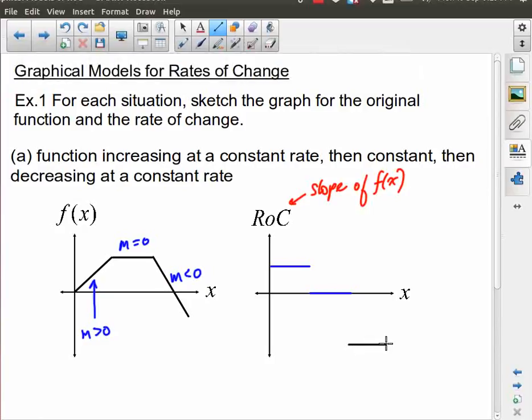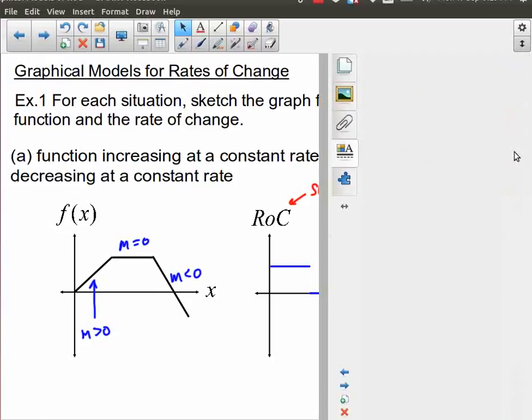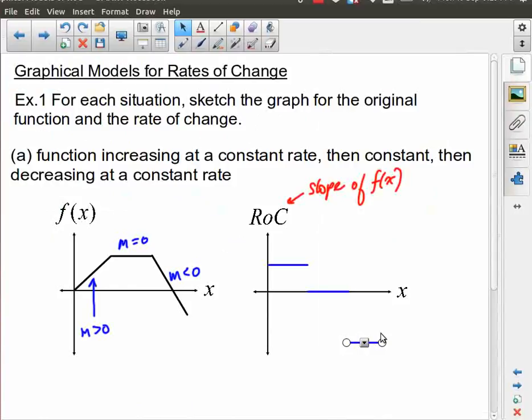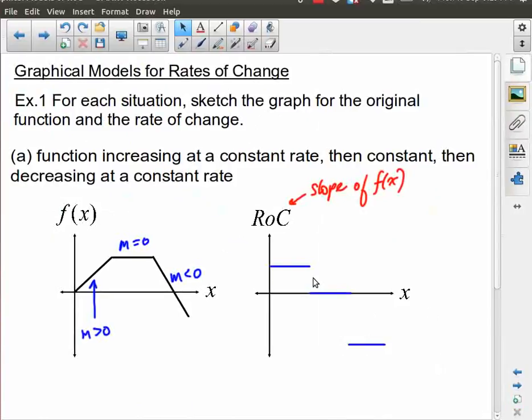I'm not doing this with a very accurate scale, but I'm going to put a little bit of effort into making it look reasonable. Okay, and so there we go. If you prefer visually, you can connect these with some dotted lines to show that transition. So this is the positive slope, this is the zero slope, and this one is the negative slope.